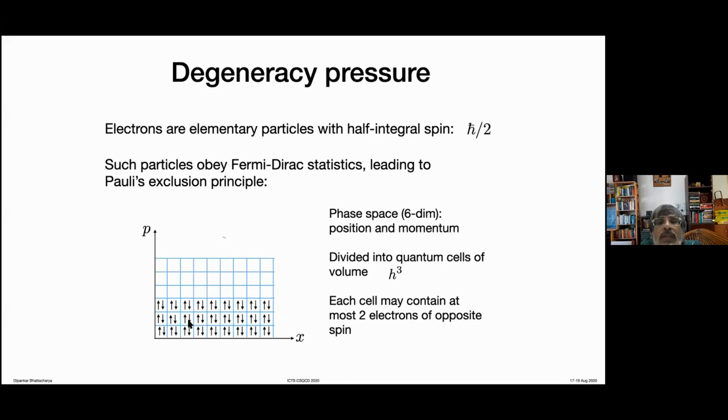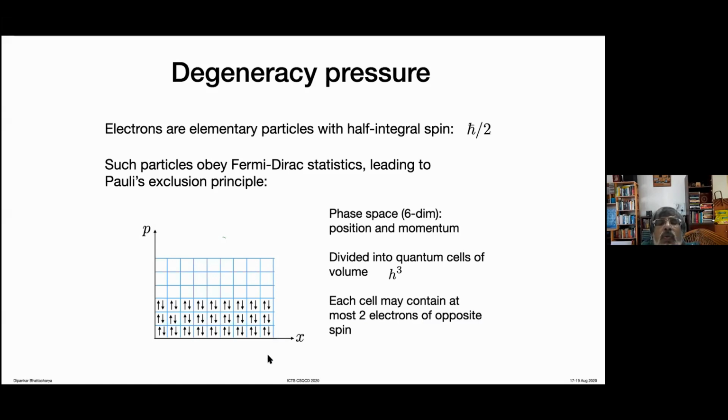So I have to start occupying cells which lie at higher and higher values of momentum. So I build up a certain amount of momentum just by the fact that the gas is confined within a certain distance.